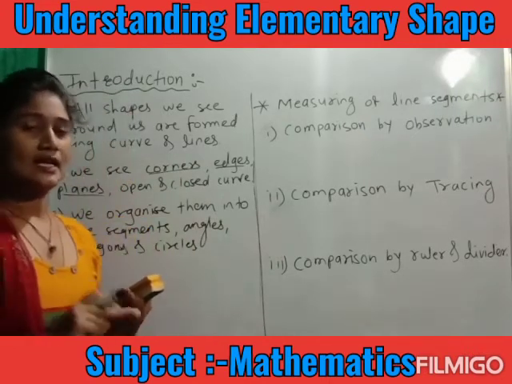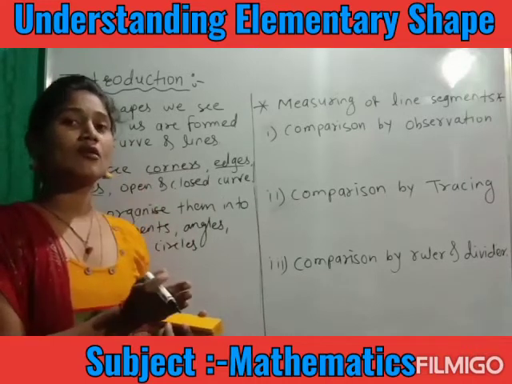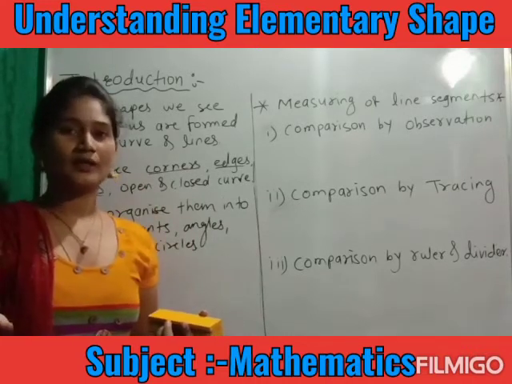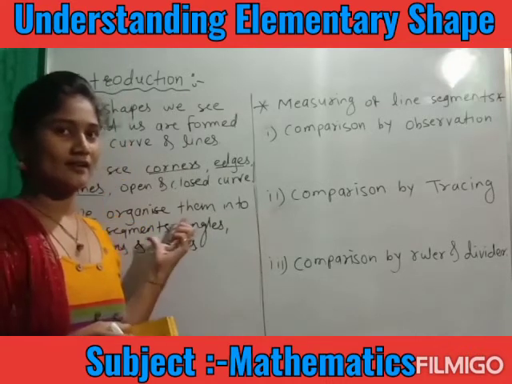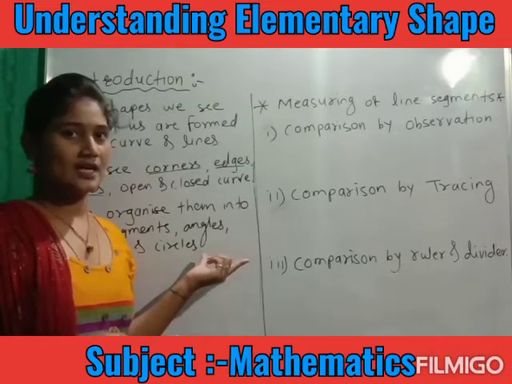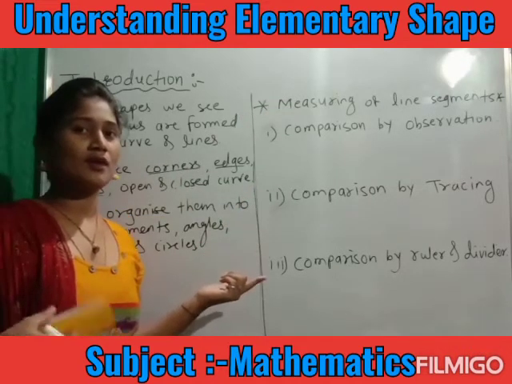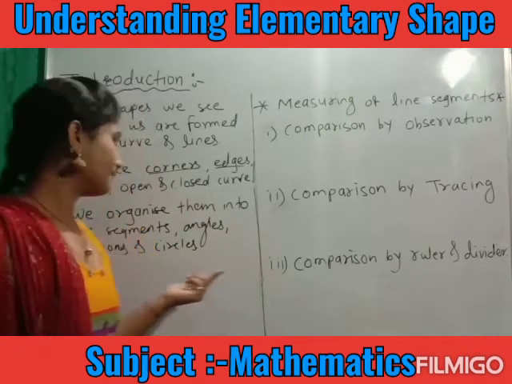Corners, edges, line segments, plane, and also we see the closed curve and the open curve. So just try to find out some daily life examples of that. Just now I have told you this board has corners, edges, and like this. So just find out what is there in the open curve, in the closed curve, like this.